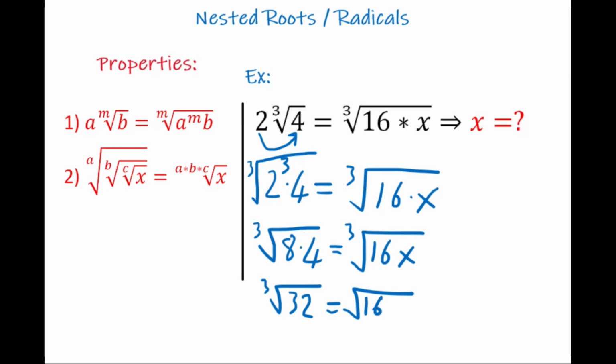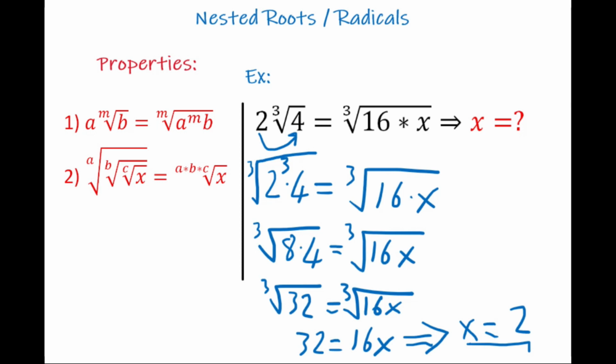Both root degrees are the same, so they are third root, so we can take the third power of both sides, and then roots are gone, so it's going to be 32 is equal to 16x as well. So here, because 16x is equal to 32, that means if you divide both sides by 16, then you have x is 2. And let's continue with the next question.